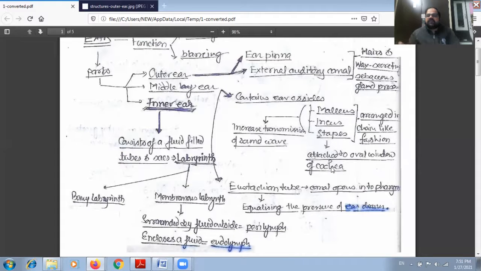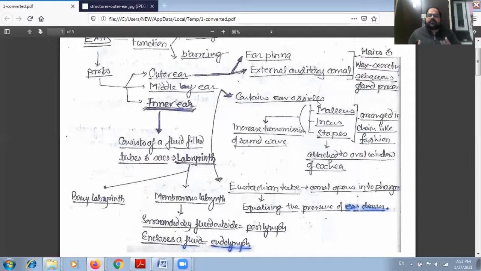We have seen where the oval window is present. The stapes is the smallest bone of the human body, and these three ossicles are involved in increasing the transmission of sound waves.